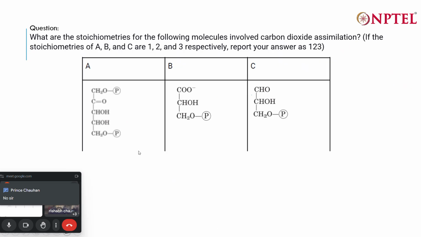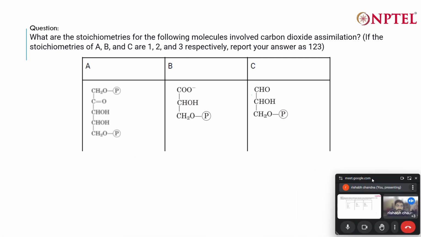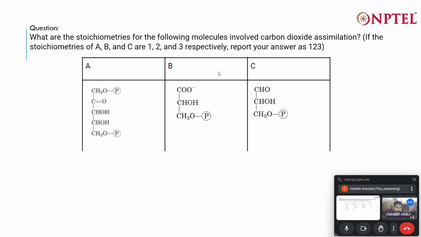What are the stoichiometries for the following molecules involved in carbon dioxide assimilation? If the stoichiometry of these three compounds is 1, 2, 3, for example, then you have to answer as 1, 2, 3. So what is the actual stoichiometry of these three compounds that are involved in carbon dioxide assimilation?